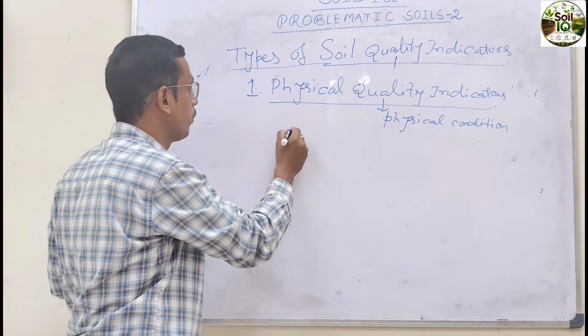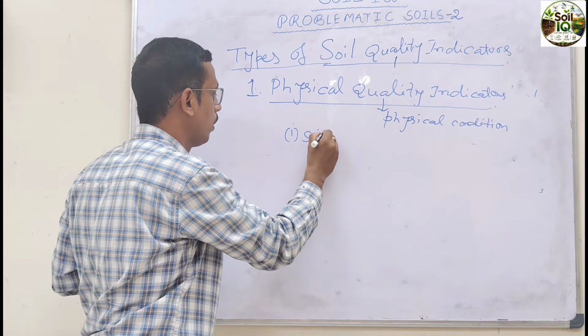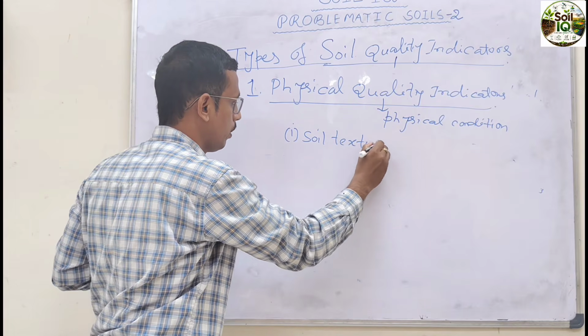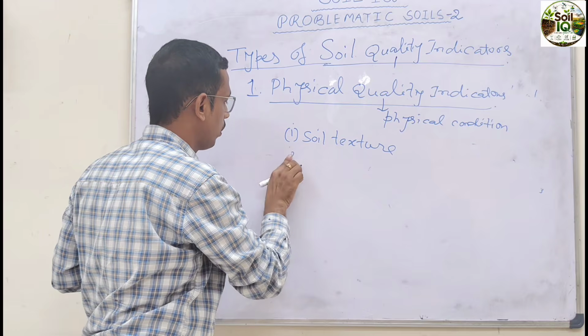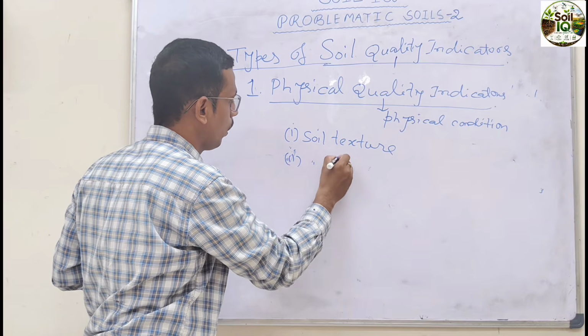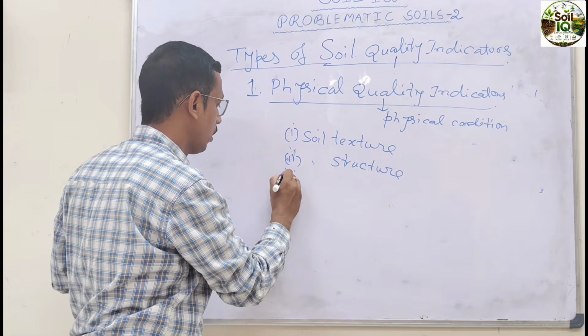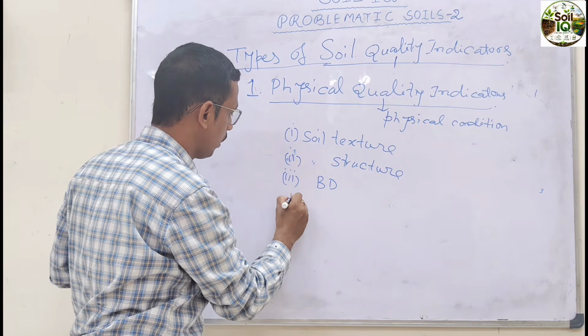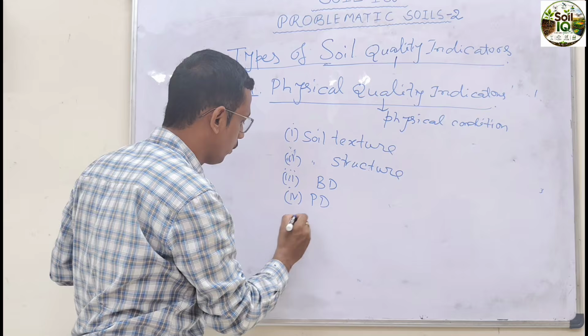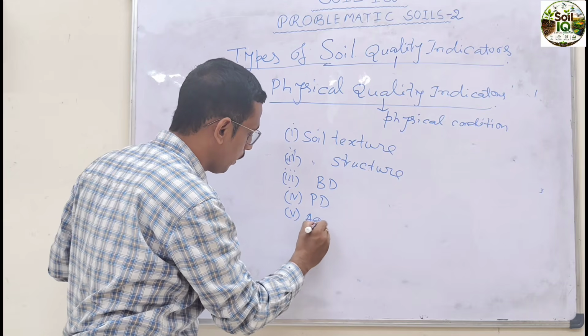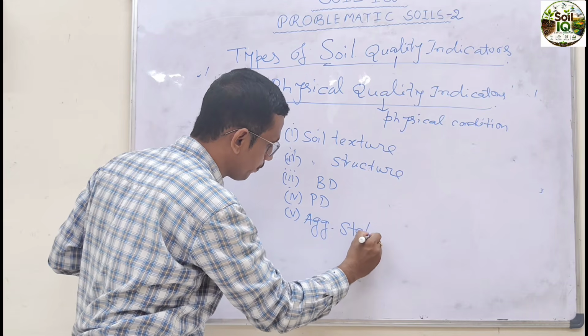So what are those properties? Number one, soil texture. Number two, soil structure. Number three, bulk density. Number four, particle density. Number five, aggregate stability.